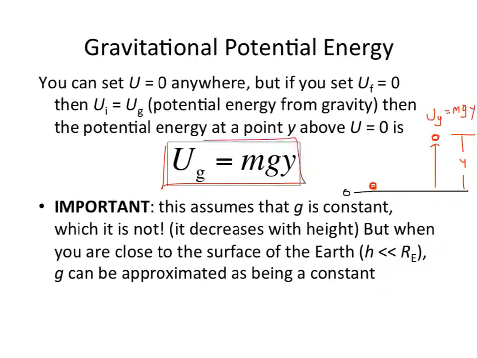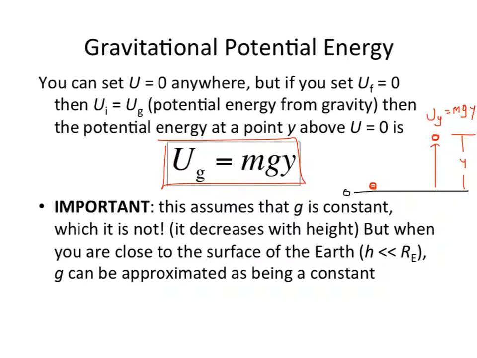And that's what we have boxed off right here. Like I said, some people say mgh. H can represent height, if you want to call it that. mgy, mgh. One thing to keep in mind is that on the surface of the Earth, you're already some height away from Earth's center of gravity. You're the Earth's radius away from Earth's center of gravity.